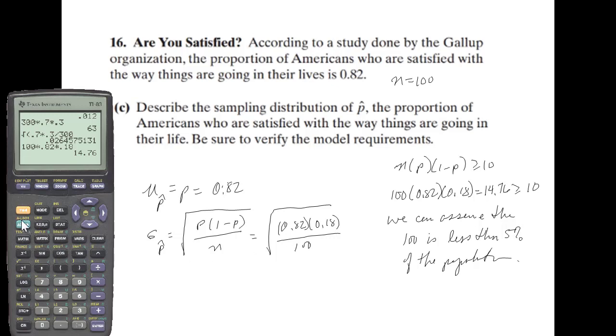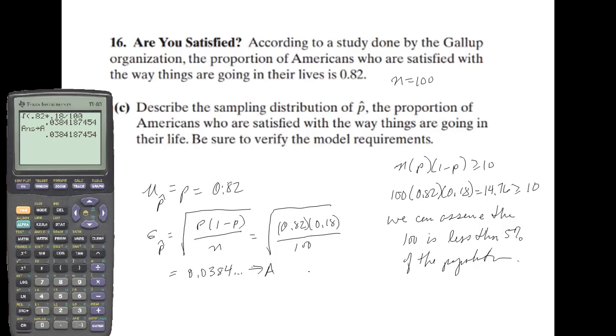So let's get that over here: square root of 0.82 times 0.18 divided by 100. That's telling me this is 0.0384 and some change. I'm going to store that as A right away so I don't forget.